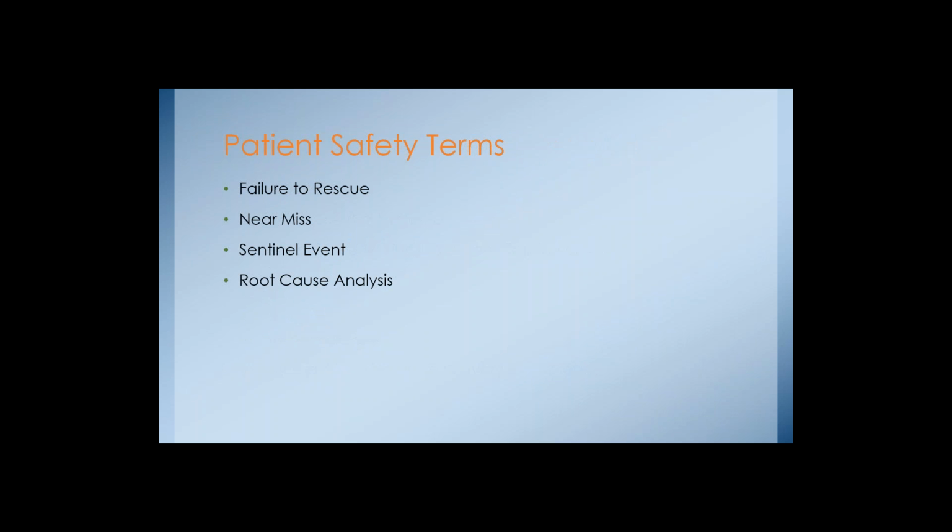Some patient safety terms that you need to know, that you'll discuss more in class if you haven't already, is the failure to rescue. Failure to rescue is the inadequate or delayed response to clinical deterioration in hospitalized patients. An example of this would be the patient who's in a telemetry or a medical surgical unit who is showing early signs of shock.